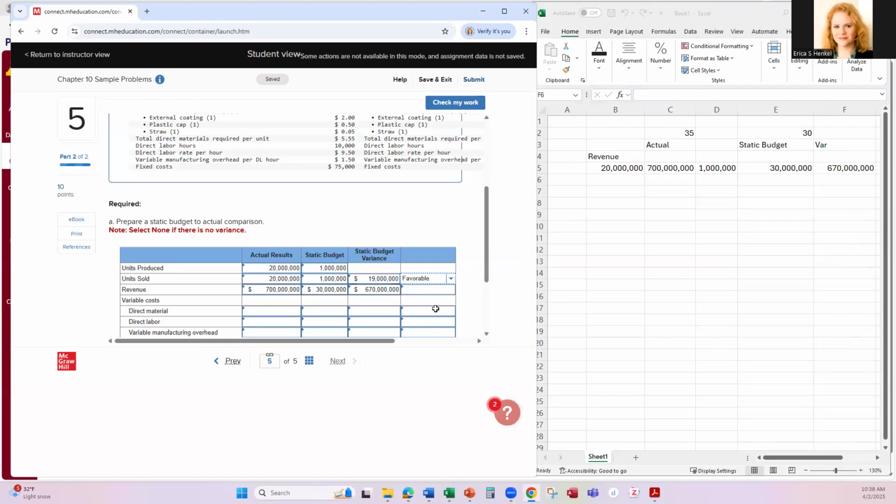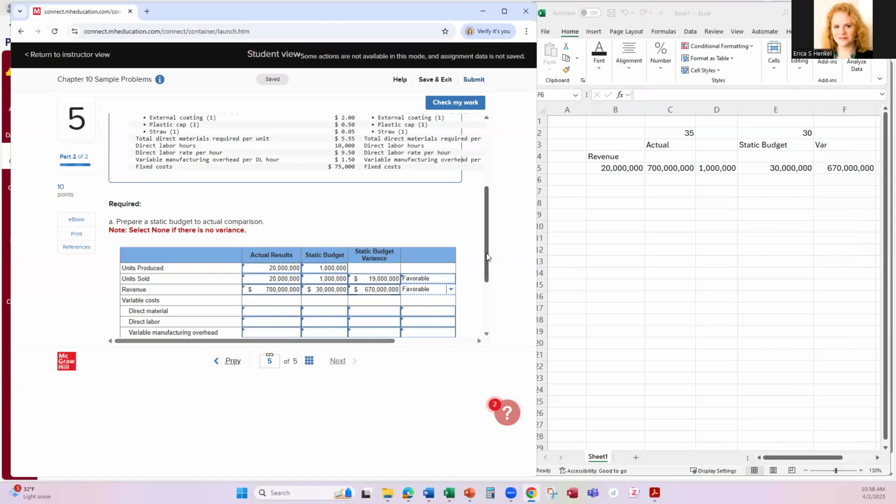We sold 20 times as much stuff as we planned. Never going to happen in real life, but it's awesome. Also in terms of dollars in revenue, it's favorable because we have way more revenue. We're not assessing whether this is because of price differences or quantity differences. We're just looking at the overall broad difference between our static budget and our actual results at this point.